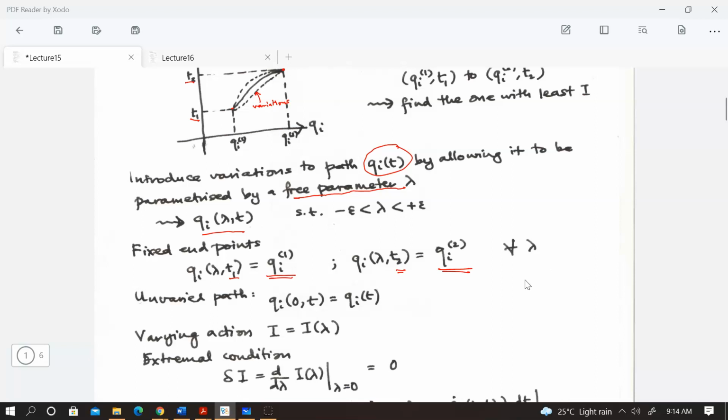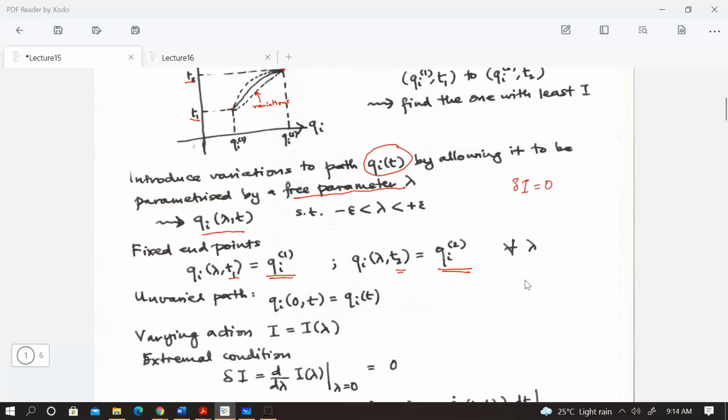The other thing that we assume in this particular case is that, remember, it depends on lambda. Lambda is a variation of the path. The path is supposed to solve the variational calculus, the stationarity of your action.